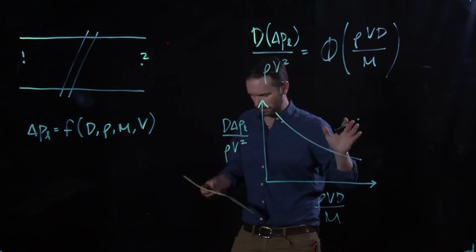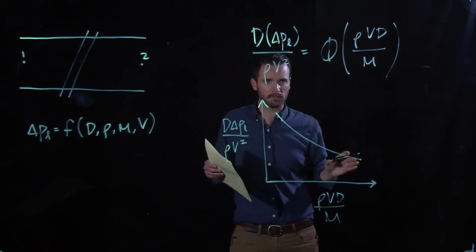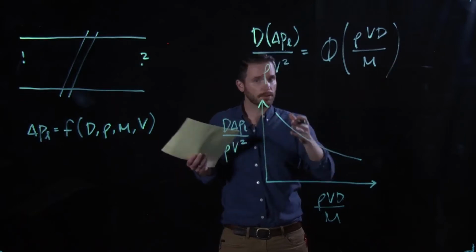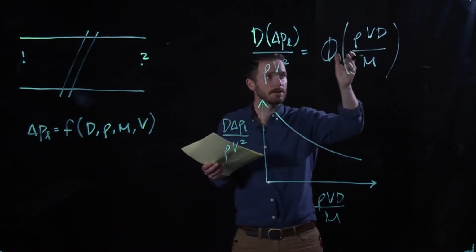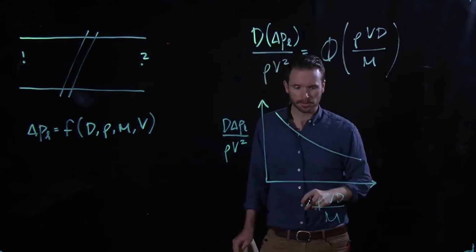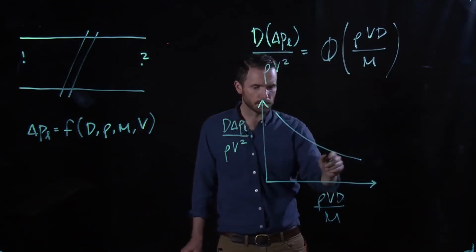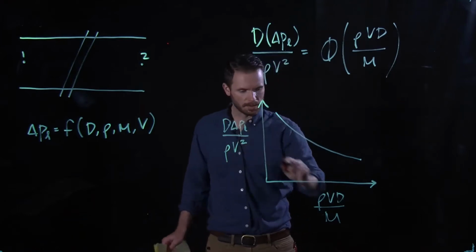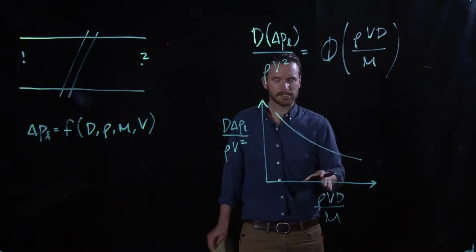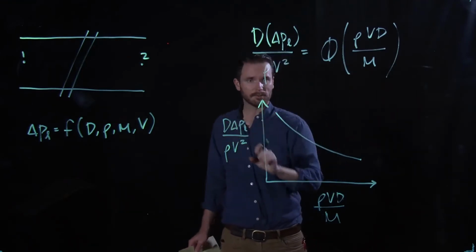So I could take a single pipe with a set diameter and a single fluid, so therefore a set density and viscosity, and I could vary the velocity, which occurs in both of these terms, right? And I could measure this functional dependence between this term and this term. What I would do in each case is vary the velocity and measure delta p.